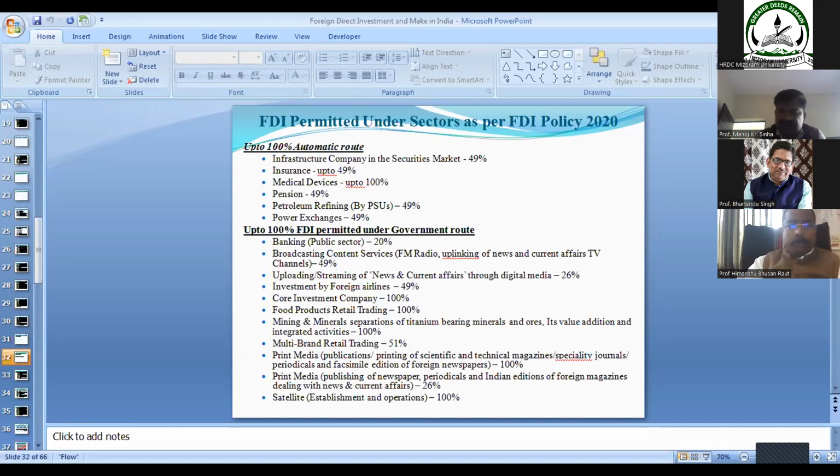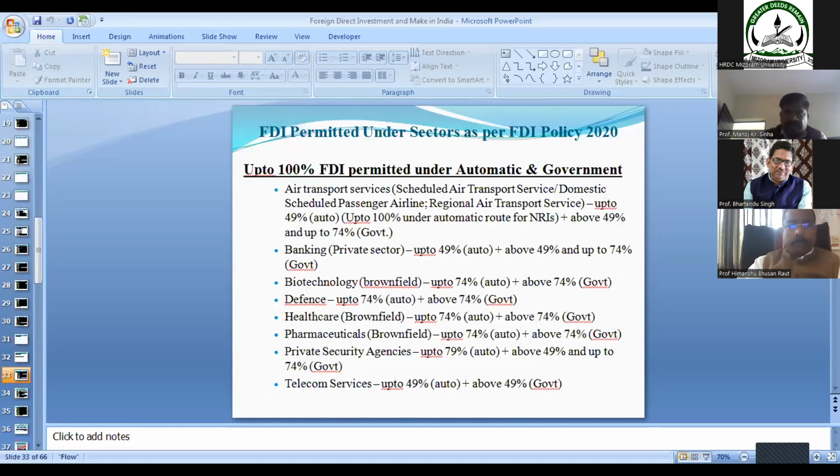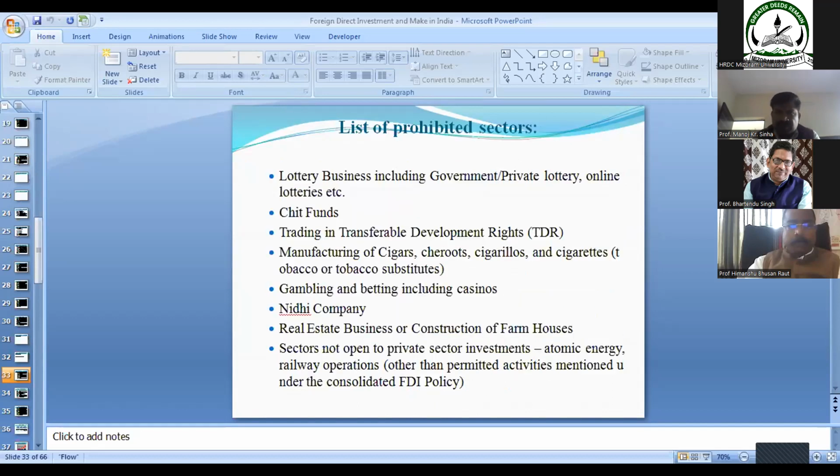And up to 100% FDI under both routes, automatic and government. Up to a certain limit, they can invest under the automatic route. Beyond that, if a foreign investor wants to invest in India, then they take the prior approval of the government.